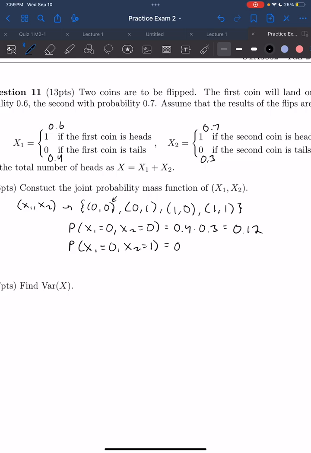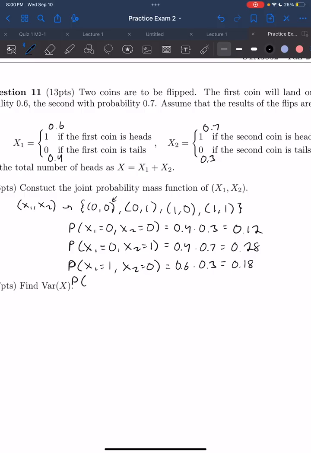And that would be 0.4 times 0.7. That equals 0.28. And then we have our probability of x1 equals 1 and x2 equals 0. And that would be 0.6 times 0.3. And that would be 0.18.